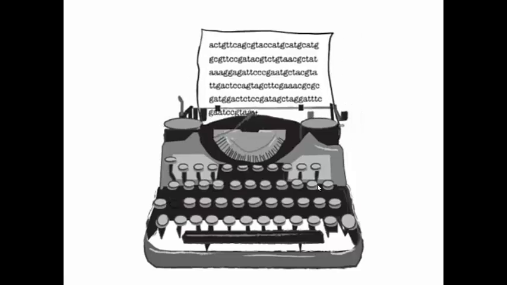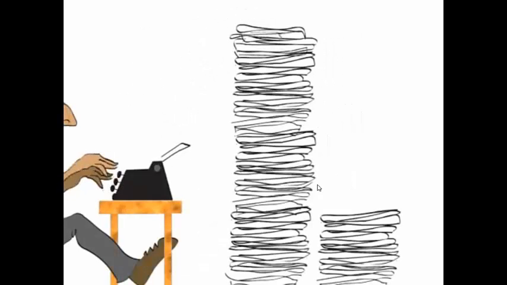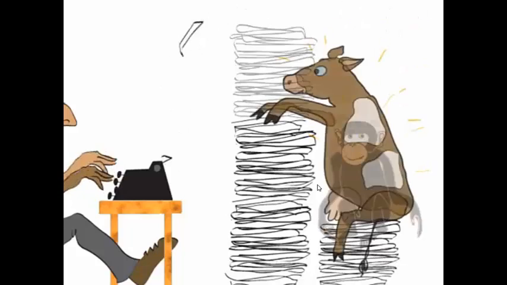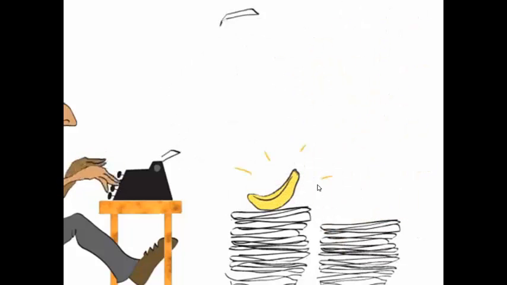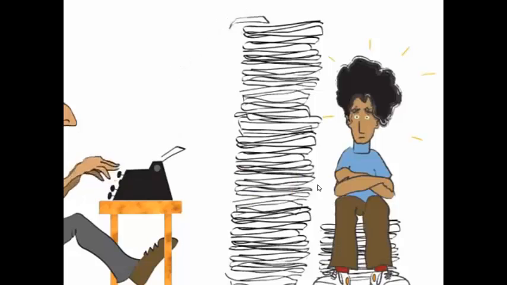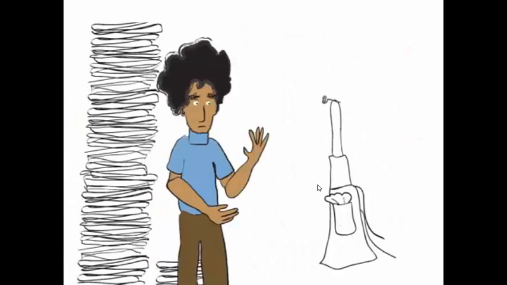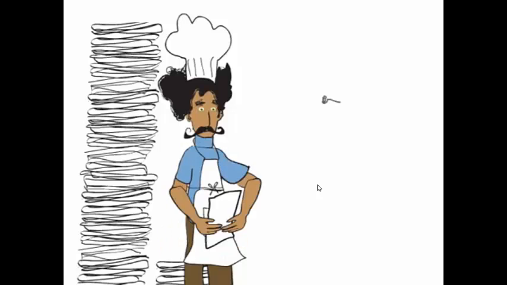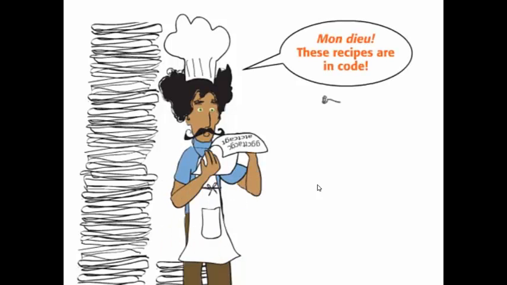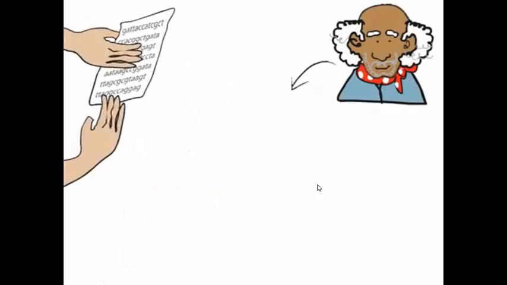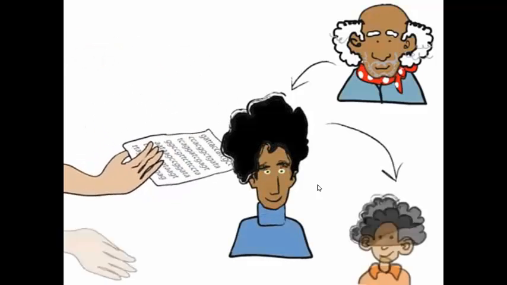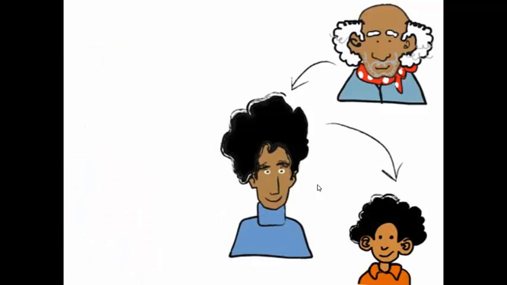The number and order of these 4 bases determine, for example, whether you are a chimp, a cow, a banana, or a human. Most genes are recipes for making specific proteins. These recipes are passed down from parents to children, from generation to generation.